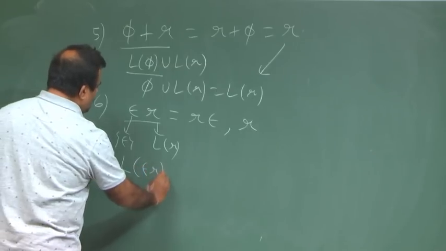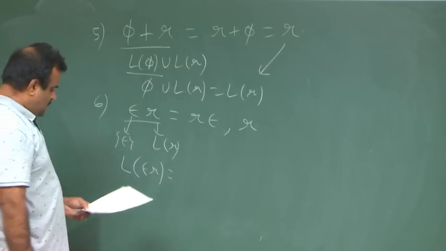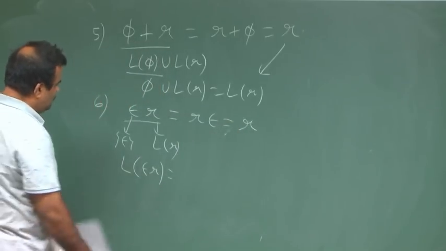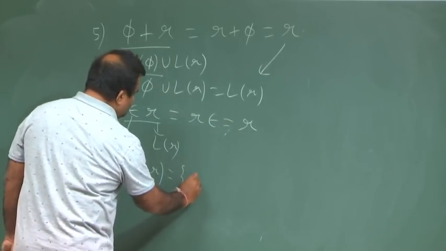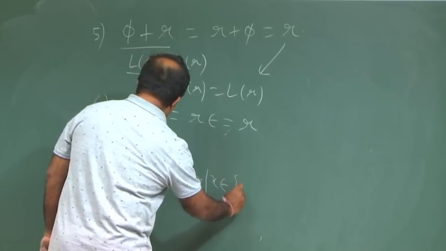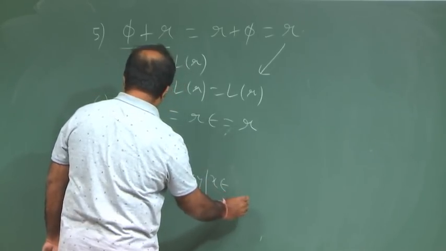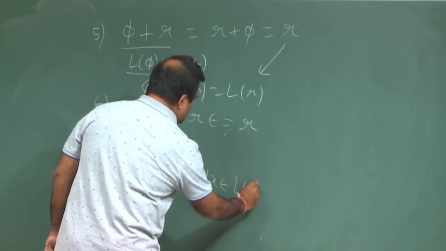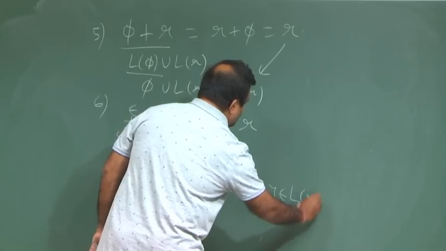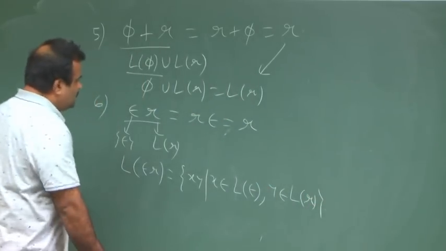L of epsilon r is nothing but the set of all strings xy, where x is coming from the set L of epsilon and y is coming from L of r. Now, L of epsilon is only epsilon.